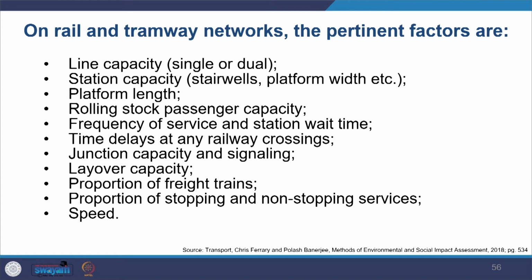Then what kind of passenger movement, capacity, and frequency of service there is, what kind of delays, the junction capacity, signaling issues, then layover capacity, and the proportion of freight trains: how many freight trains come, how many passenger trains come comparatively, how many trains really stop at a particular area, and what's the speed. All that has to be taken care of when you deal with those kinds of projects.